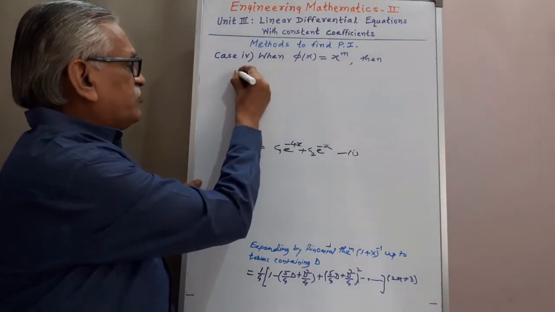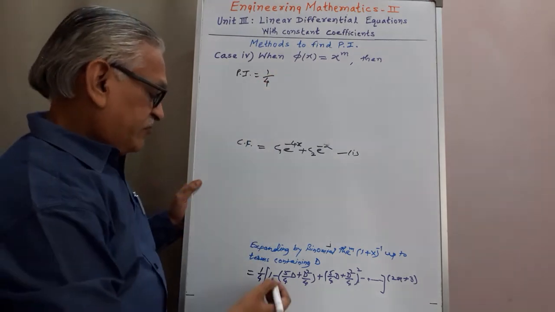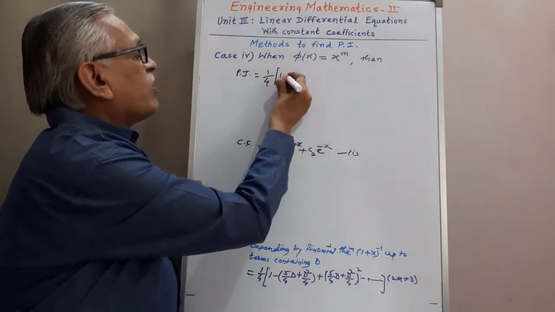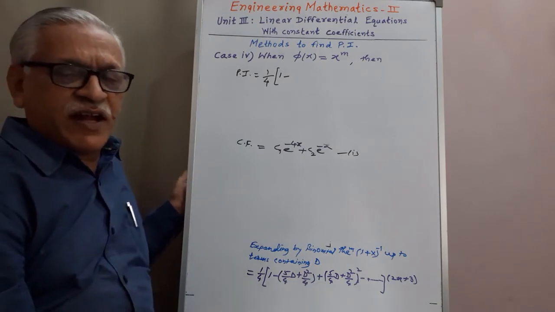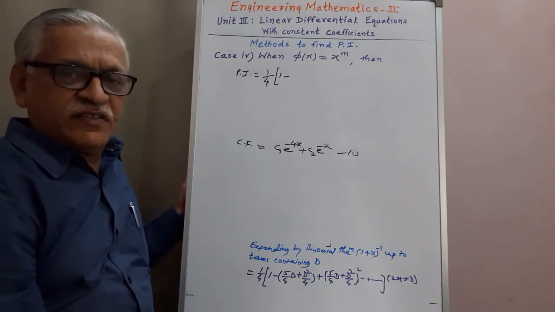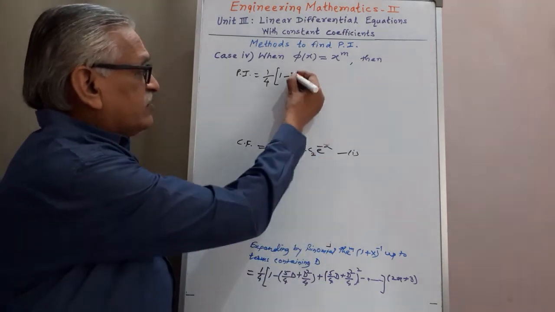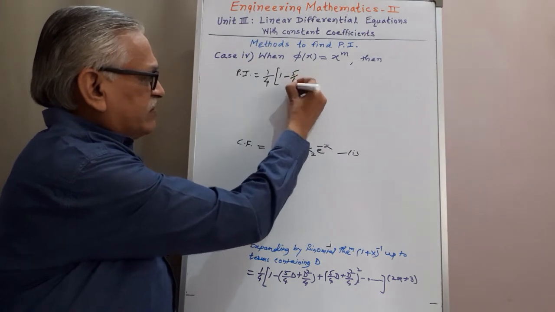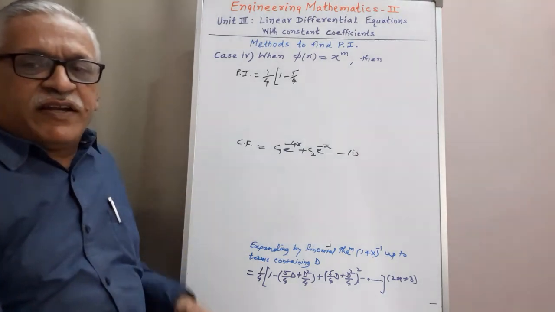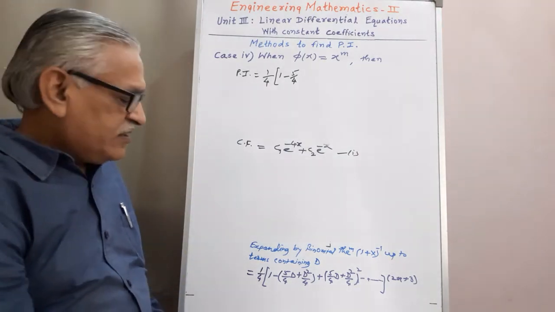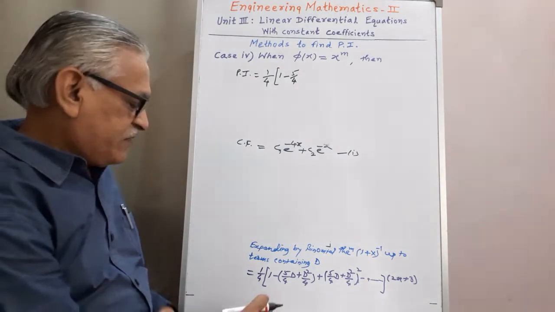Therefore Pi is equal to 1 by 4 as it is, 1 minus any bracket raised to 1, its expansion is the same term, and therefore its expansion is minus 5 by 4 times D minus D square by 4. That minus D square by 4 we neglect here, considering only the first term, that is the term of D.